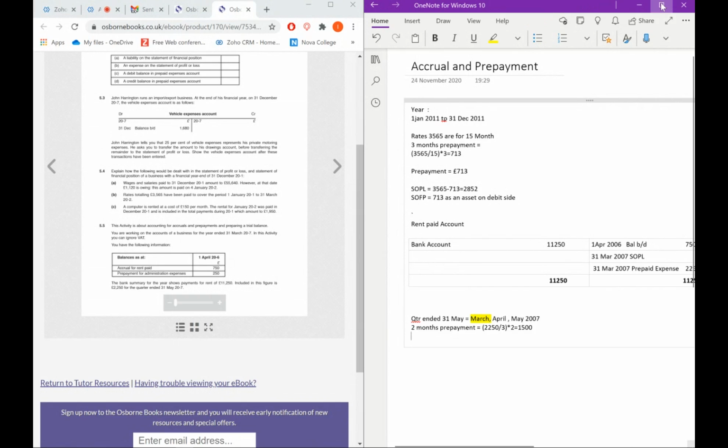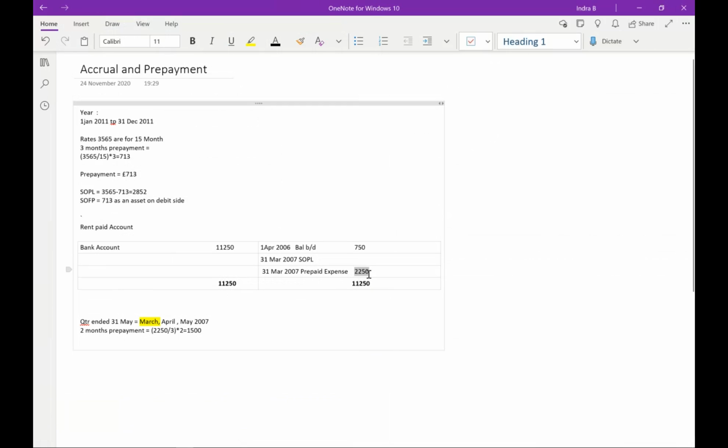So here we said 1,500 pounds is additionally paid. This calculation of the figure is what we have to find out, and then the balance will be going to the P&L account.